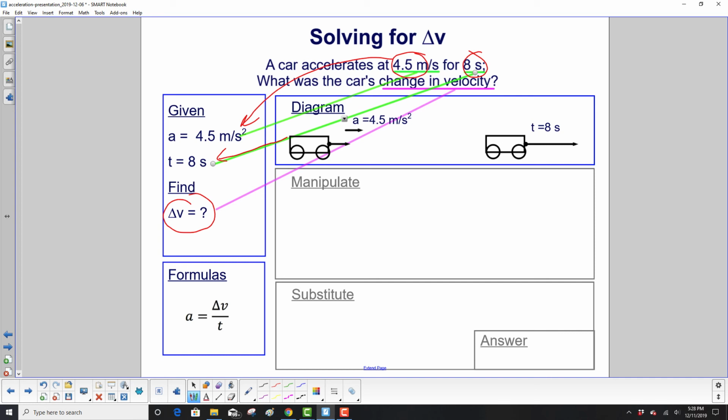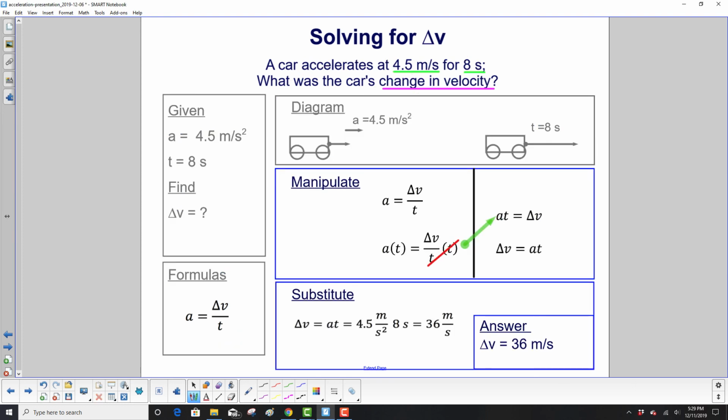We then draw a diagram. Here's our cart. It accelerates at 4.5 meters per second squared for a period of 8 seconds. Then we take our formula. So now we have a couple of formulas, right? We had speed is distance over time, velocity is displacement over time. Now we have acceleration, which is change in velocity over time.